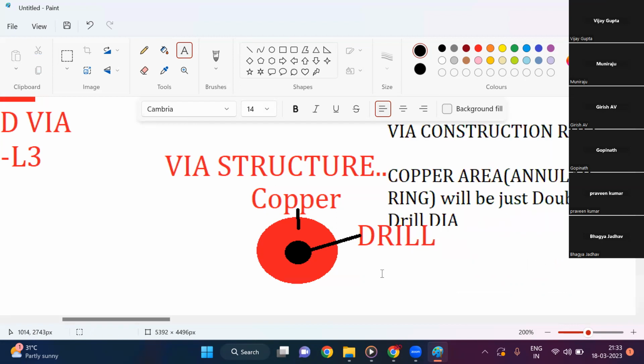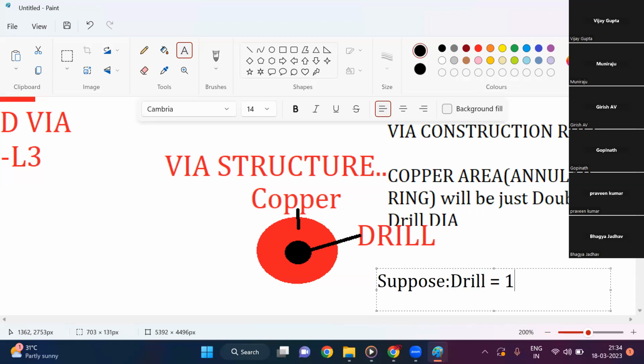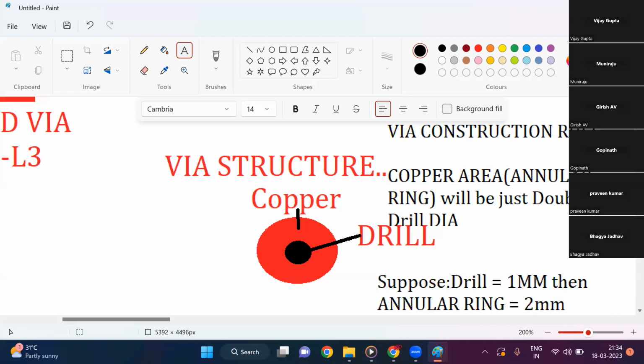Guys, clear? Suppose the drill equals 1 mm, then the annular ring will be 2 mm. That's clear.